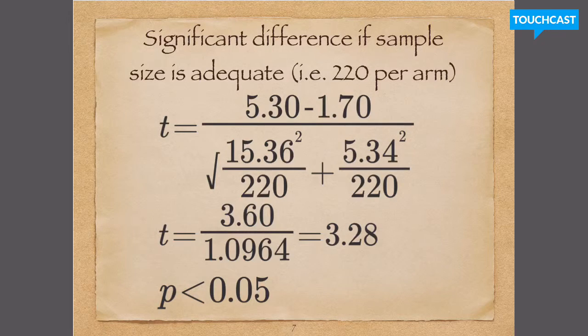Although the difference is still the same, 5.3 and 1.7, because of the larger sample size, the t becomes significant. Now the t is 3.28, which is much larger than 1.96. Therefore, the p-value is significant, less than 0.05. Therefore, you would have managed to show that there is a significant difference of viral load between dengue fever and dengue hemorrhagic fever.